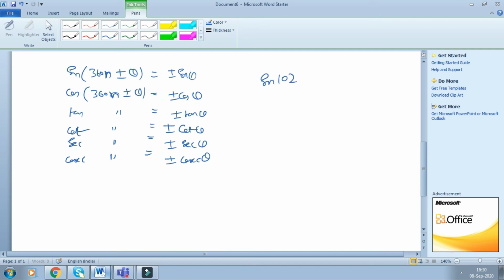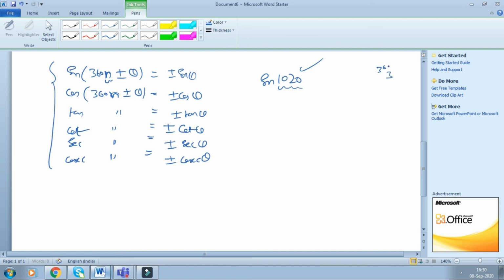Let us suppose you have to calculate sine 1020 at any moment. It is a very big number. These are reduction formulas, to break this theta into a smaller one. How? First of all, you have to put the value of n in such a way that you get closer to this value. Let us suppose I put n as 3.